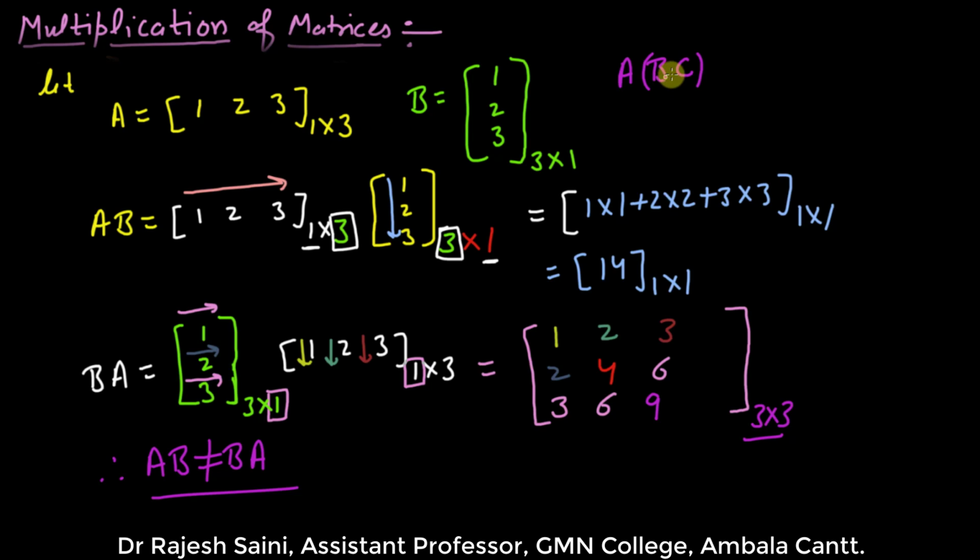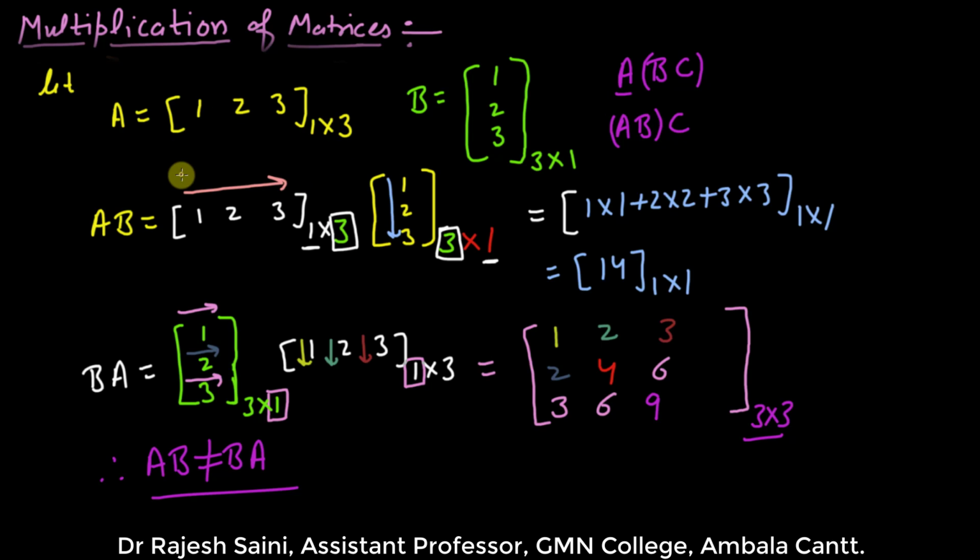Like we first multiply B and C, then multiply the result with A. Or we can also multiply AB and then multiply it with C. So that we can do in any order. You can also check this through any valid example.